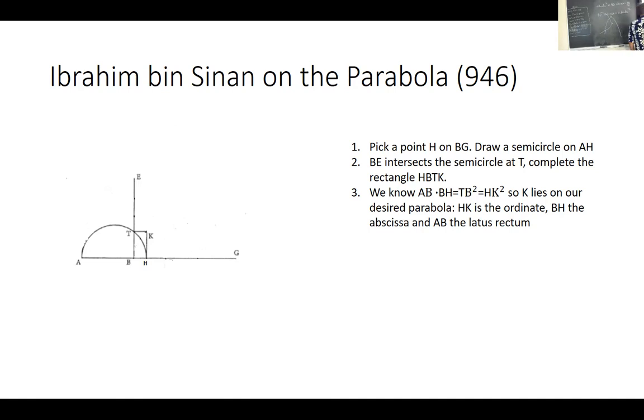But TB is equal to KH. So we've got AB times BH equals HK squared. So K lies on our desired parabola, because HK is the ordinate, BH is the abscissa, and AB is the latus rectum.